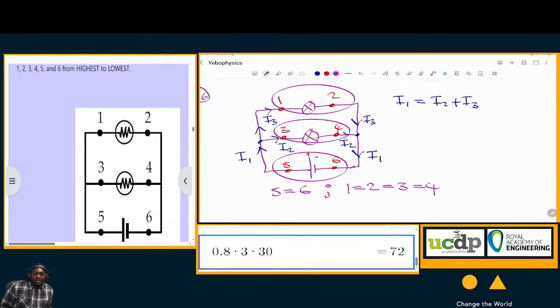So the current at those 4 points is the same. And the current is highest at the point where current is leaving the battery cell to when it is returning. I hope you are happy with that.